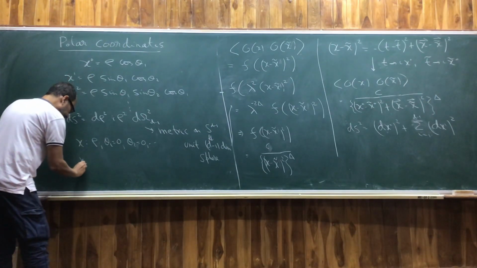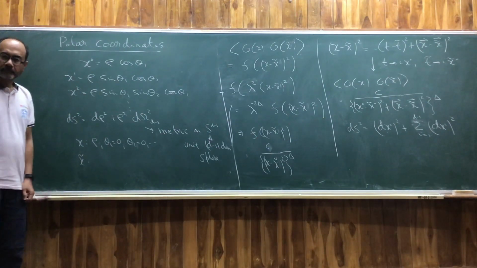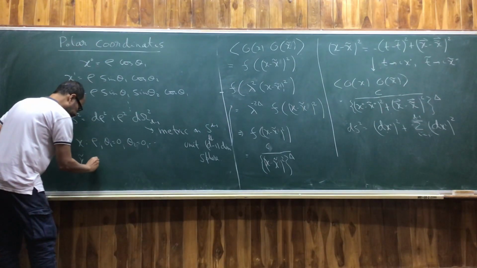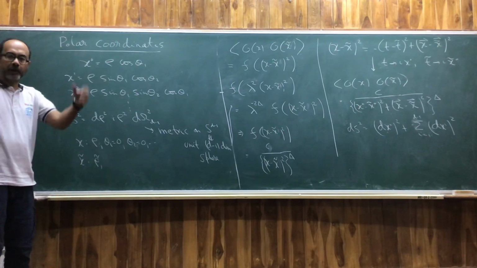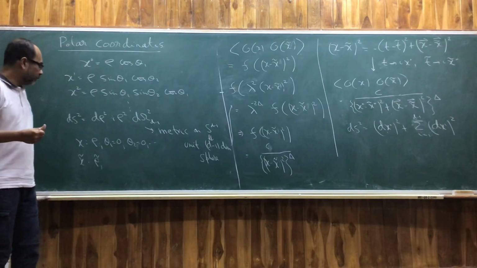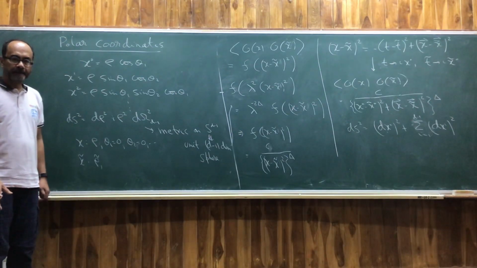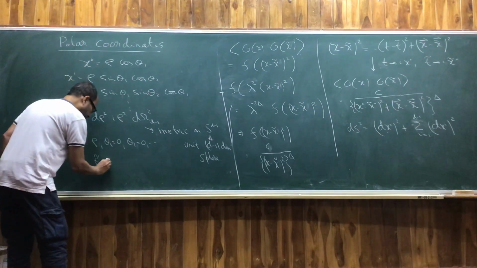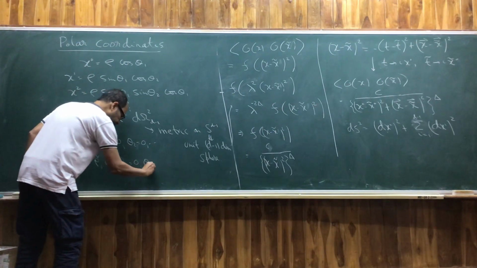X tilde we put at say rho tilde, some other point in the radial direction. But in general, we cannot also choose it on the same axis, if you have fixed the origin. So we'll take this to be at non-zero theta 1, but the rest we can take to be 0.